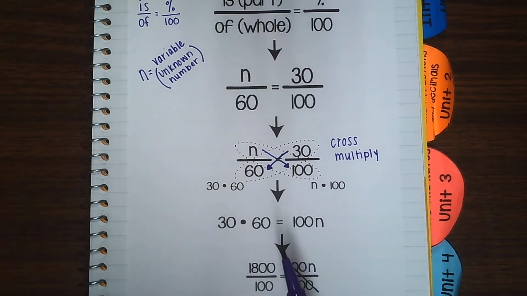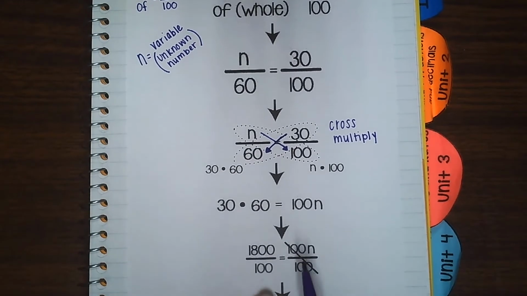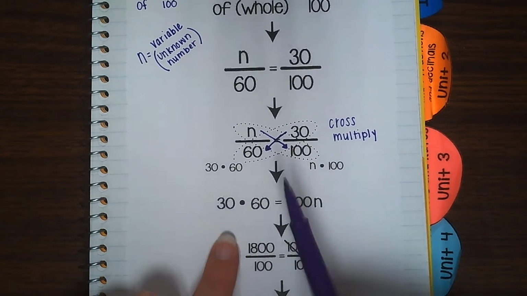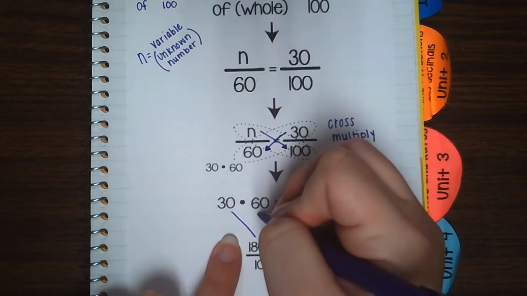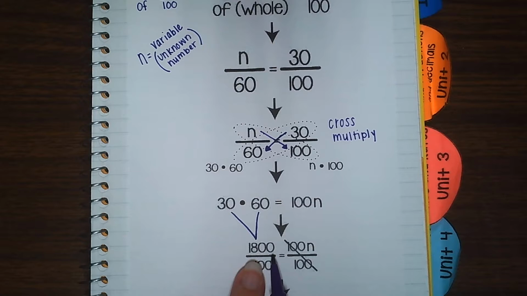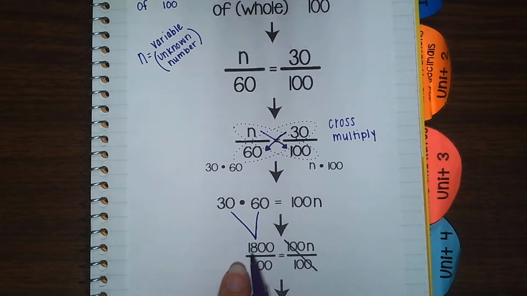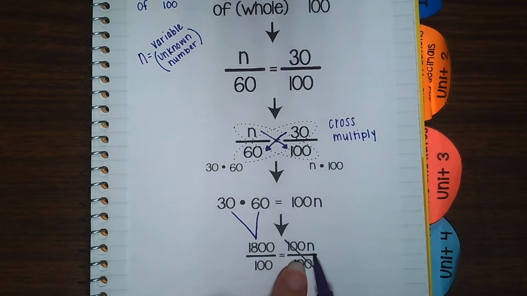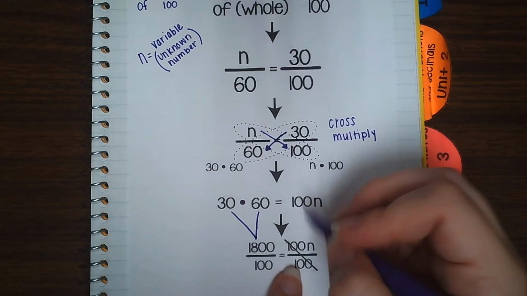That's just a little rhyme that you can remember. Okay, so then they've multiplied 60 and 30, and that gave them 1,800 equals 100n.